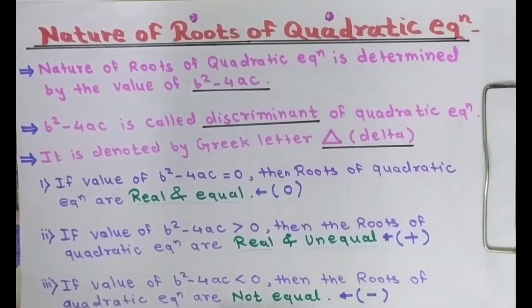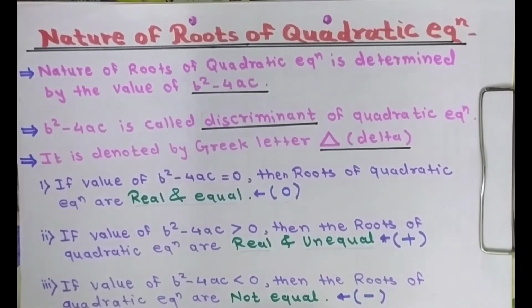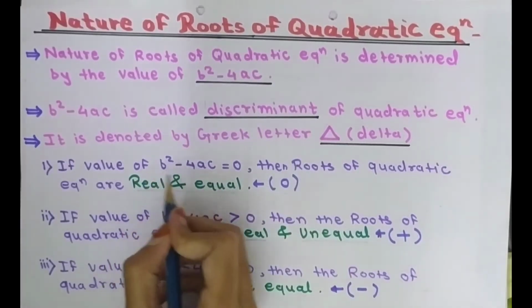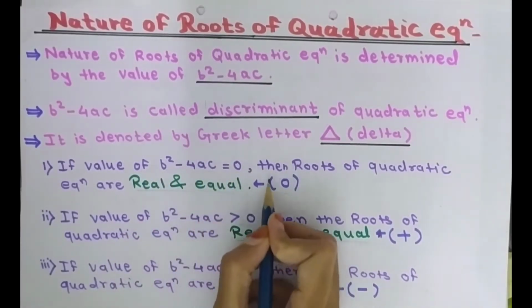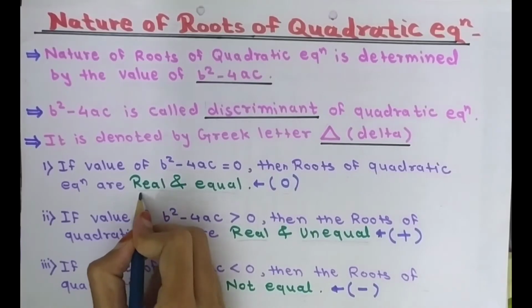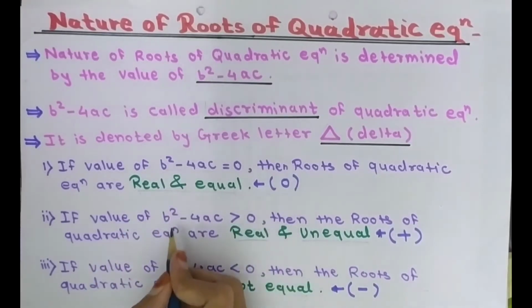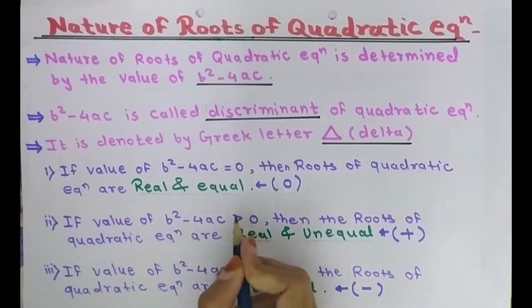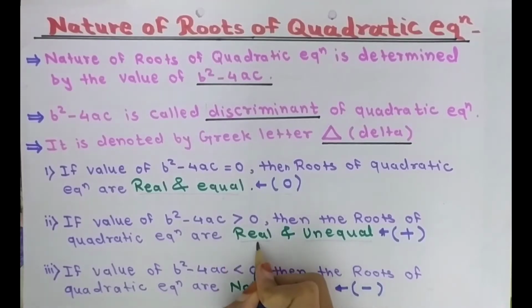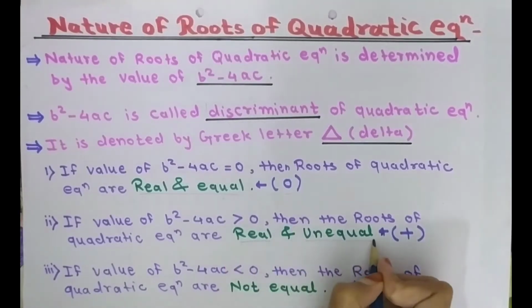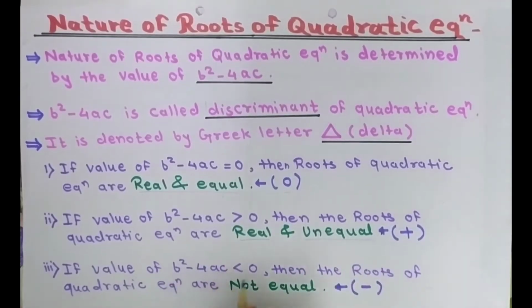So, if b square minus 4ac is equal to 0, the roots are real and equal. If it is greater than 0, they are real and unequal. If it is less than 0, the roots are not real.